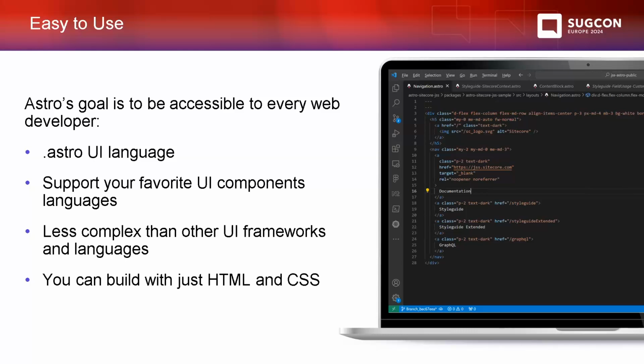Astro has its own very easy UI language, and basically, each HTML snippet can be a valid Astro component. So you don't need to be experienced in any other web framework like Vue, Angular, or React to start with Astro. But if you really want to integrate, Astro allows you to do this easily.